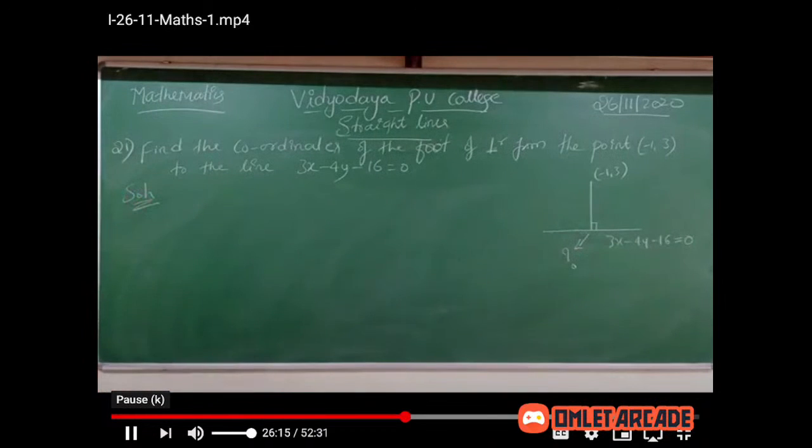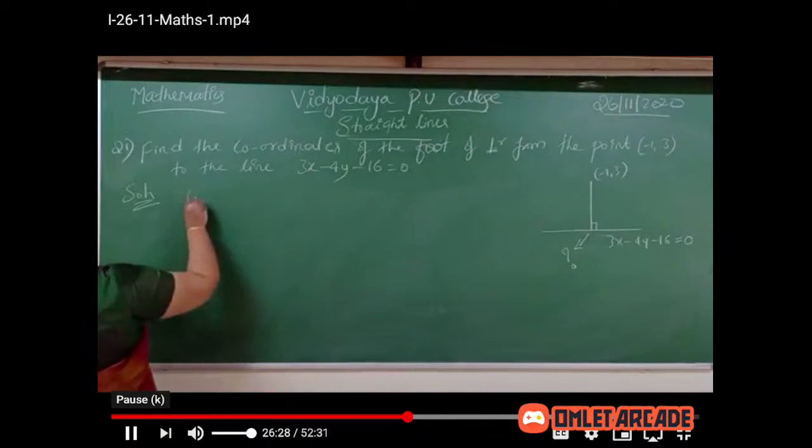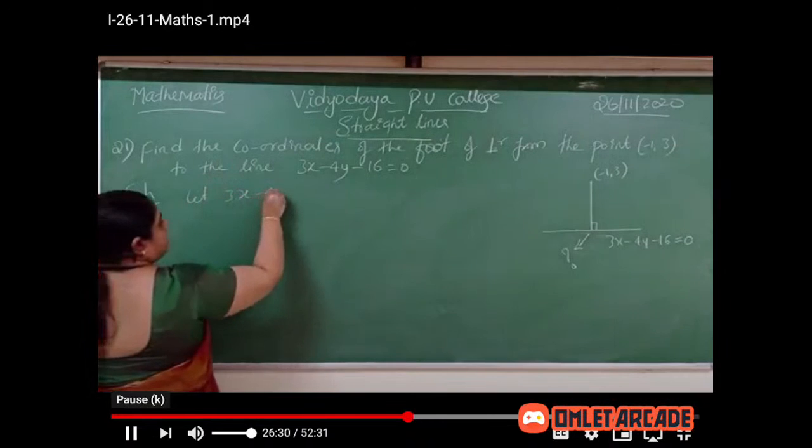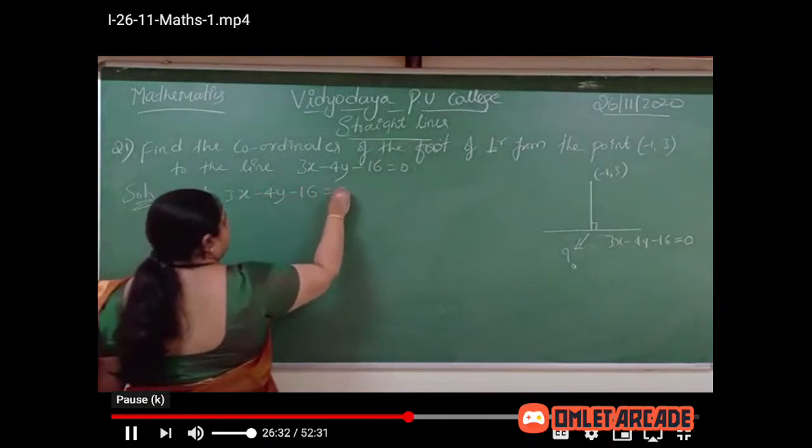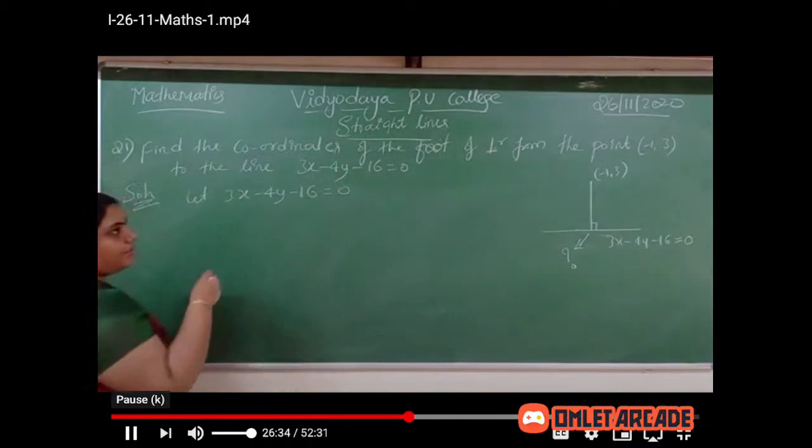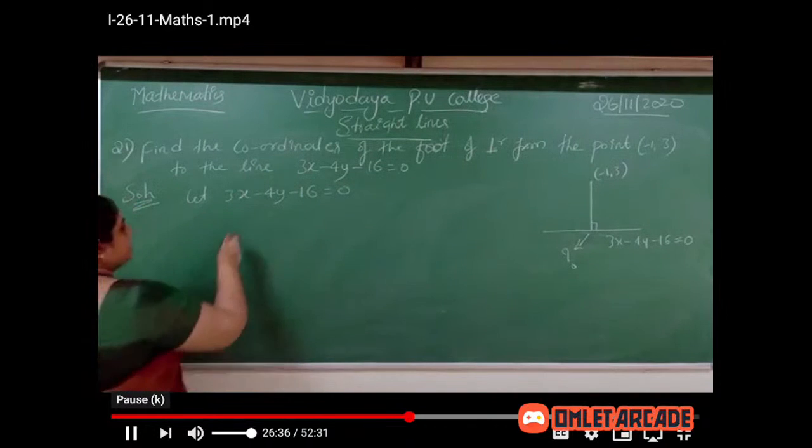So first we'll consider the equation of the given line. So let 3x minus 4y minus 16 is equal to 0. Let me try to find the slope of this line first.